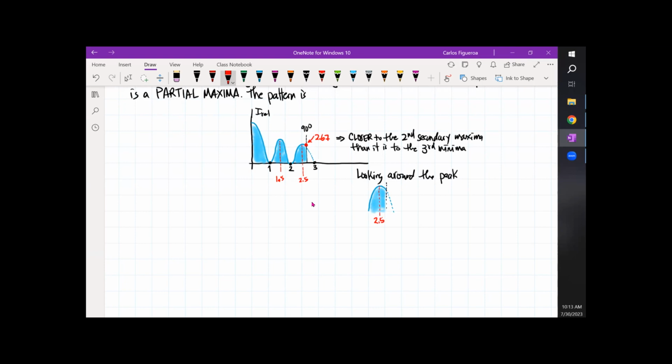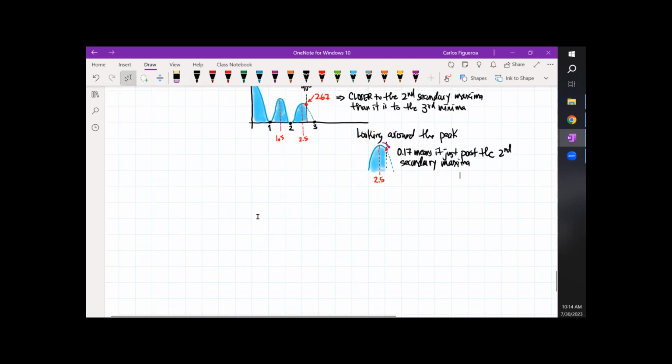If this is 2.67, it tells me that I've gone down by 0.17, which means it's just past the secondary maxima. That's what that 0.17 value means.